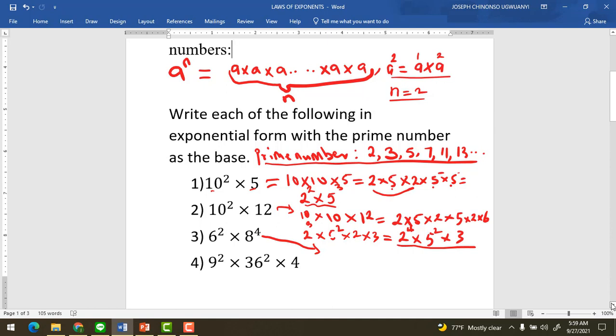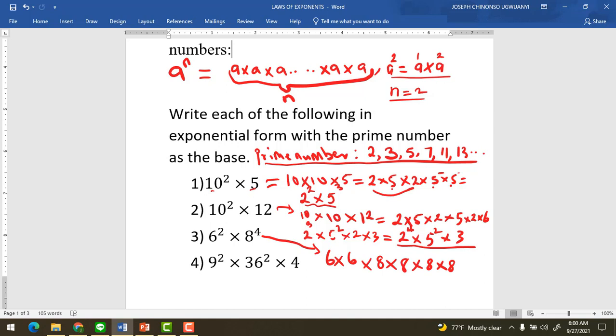This one is 6 exponent 2, so we have 6 times 6 times 8 times 8 times 8 times 8. Okay, so we now have numbers that are not prime numbers.